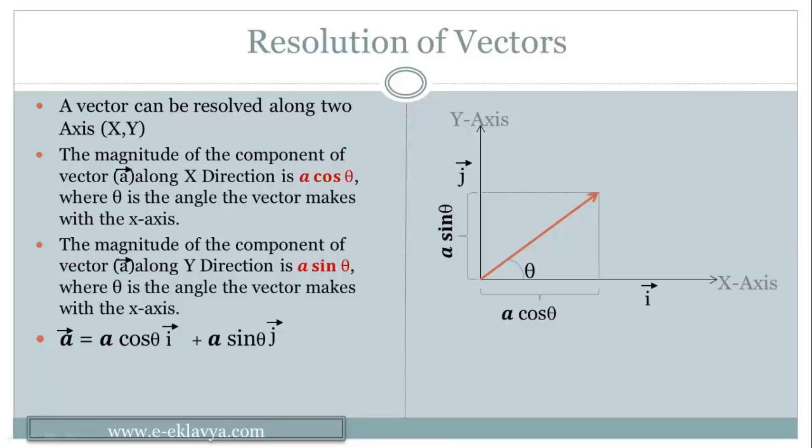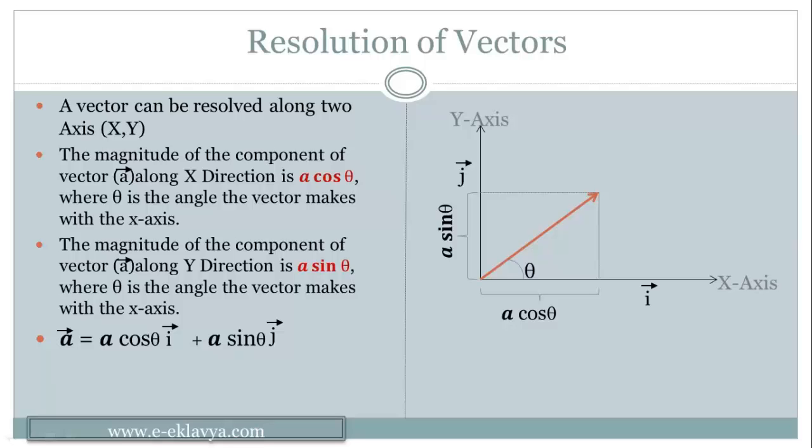So if you see here, a vector A is denoted by the symbol A with an arrow on top. This is how we write a vector quantity. This arrow notifies that it's a vector quantity.